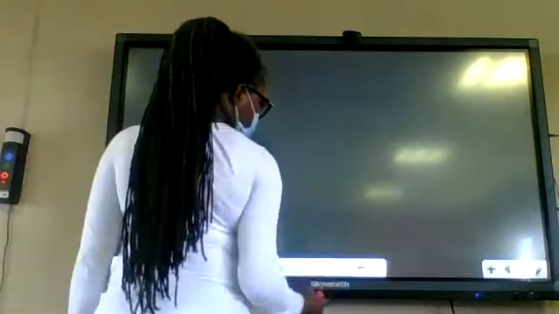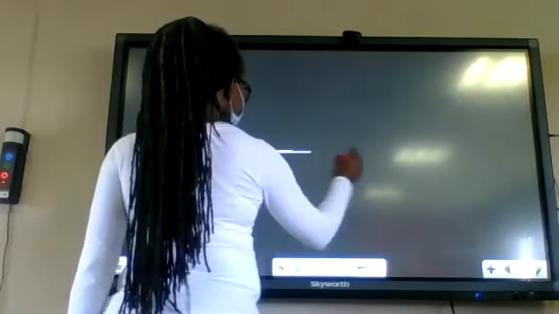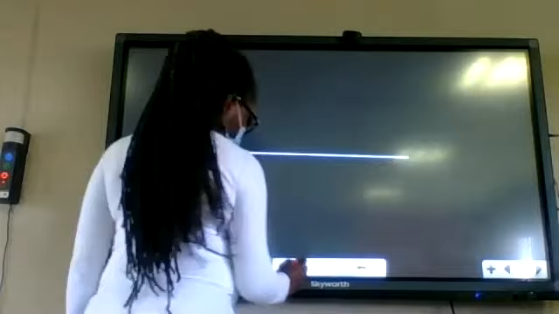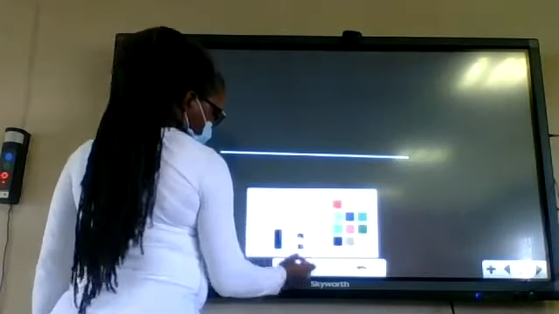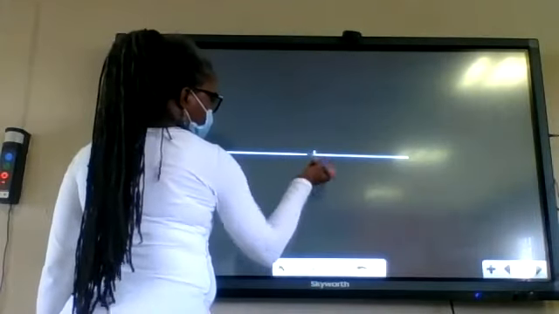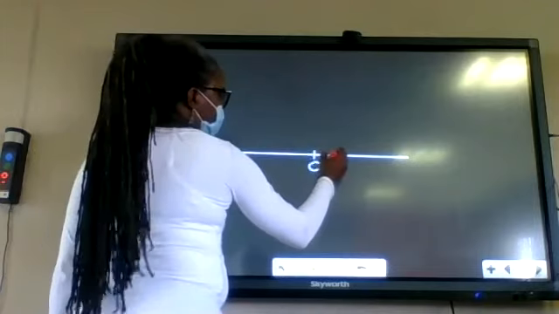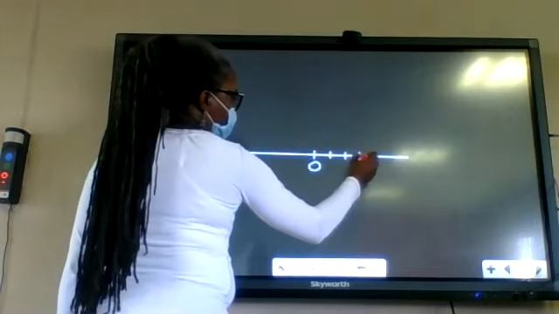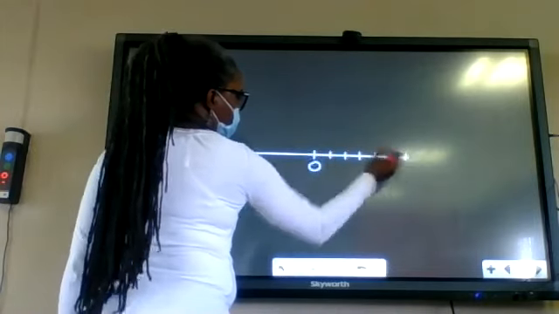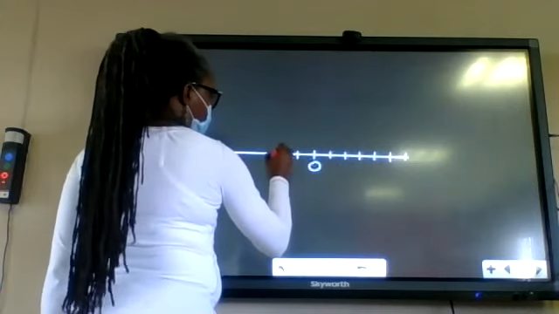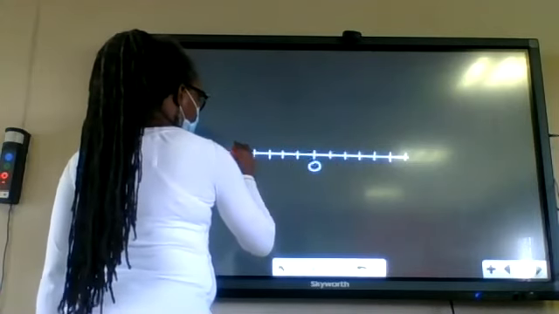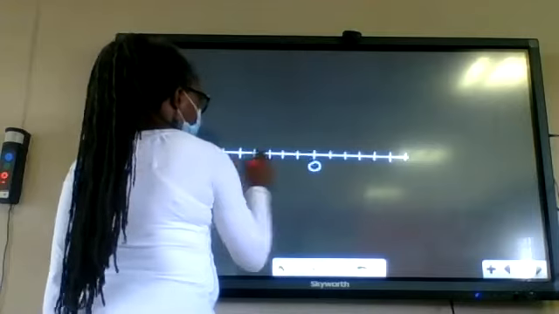I was going to show you how to add and subtract on the number line. So I have my 0, 1, 2, 3, 4, 5, 6, -1, -2, -3, -4, -5, -6. Okay, like that.